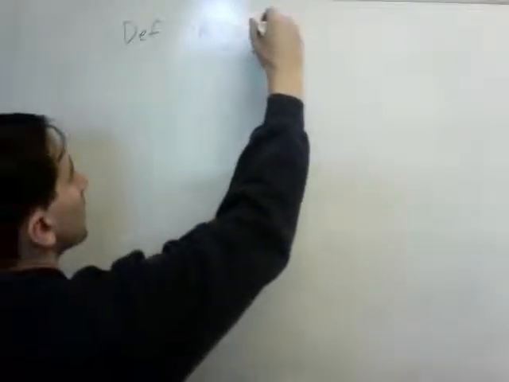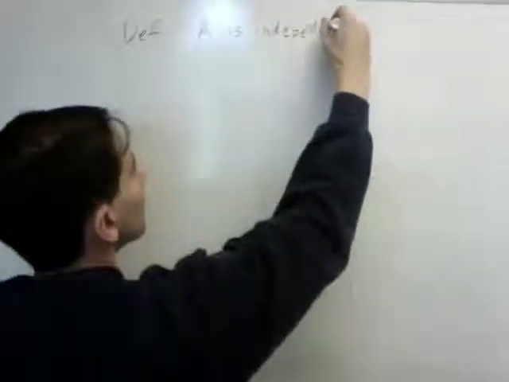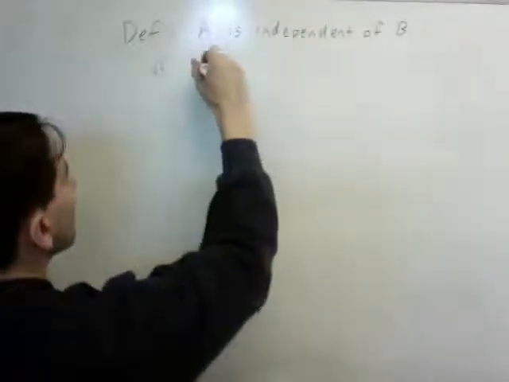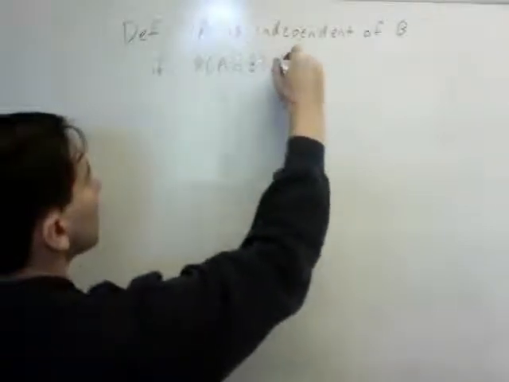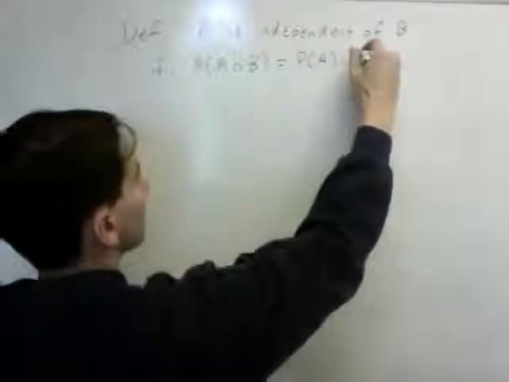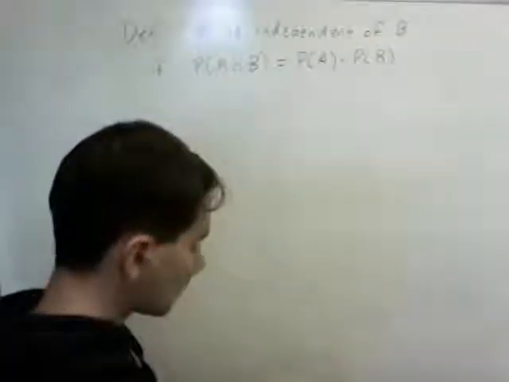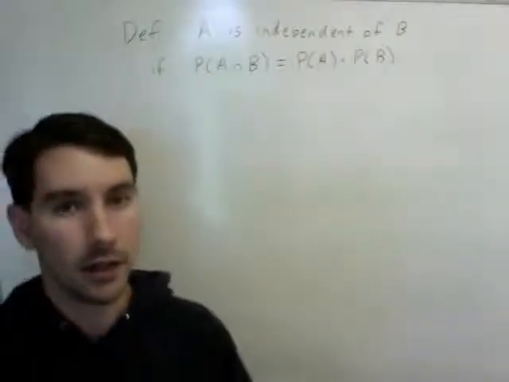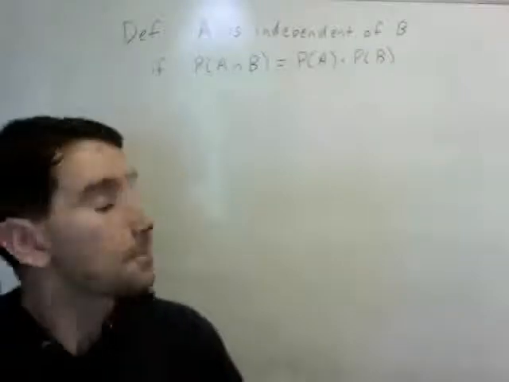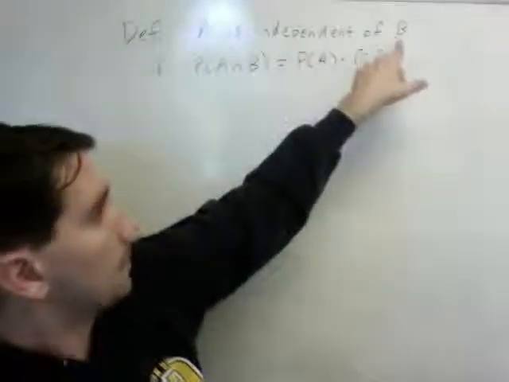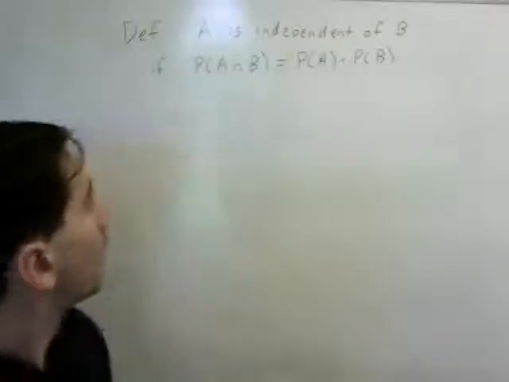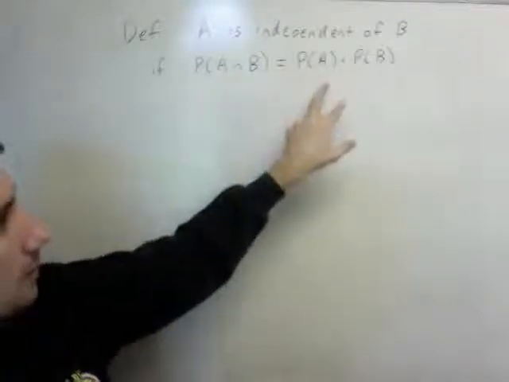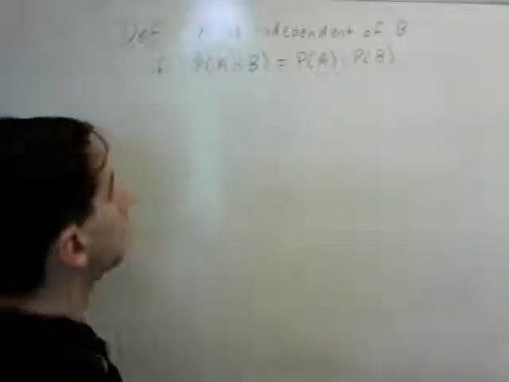A is independent of B if the probability of A intersect B equals the probability of A times the probability of B. So whenever I went to write down this definition, I began with the probability of A given B. And that's why I'm saying A is independent of B. The way I had it written, the order mattered. But notice here in the definition, the order doesn't matter. There's no reason I couldn't just swap the roles of A and B. It would be the same equation if I changed their names.